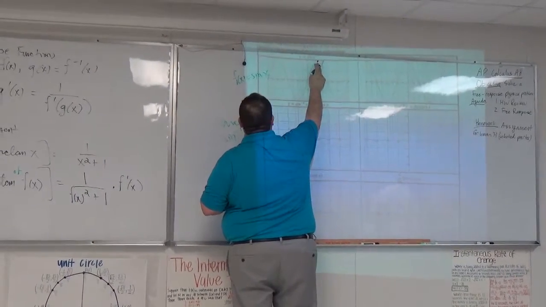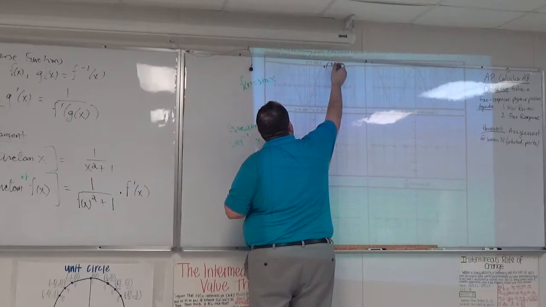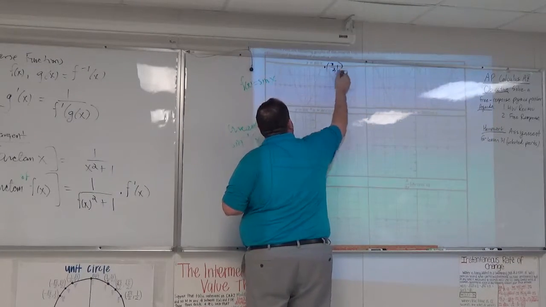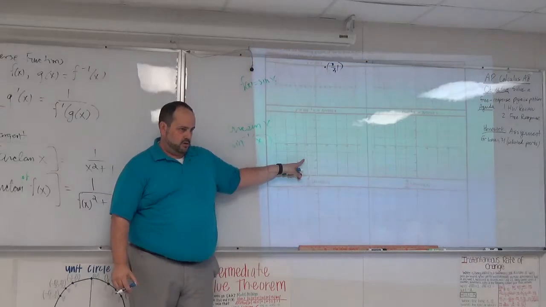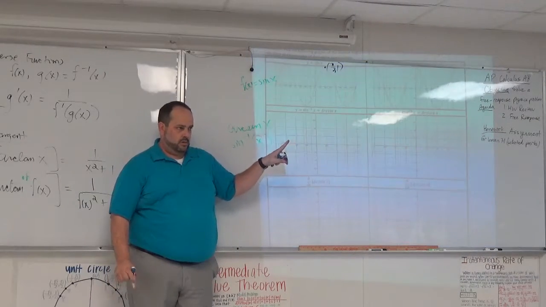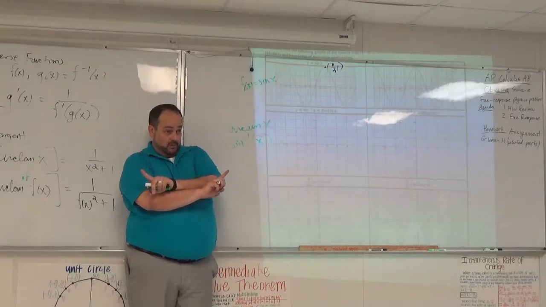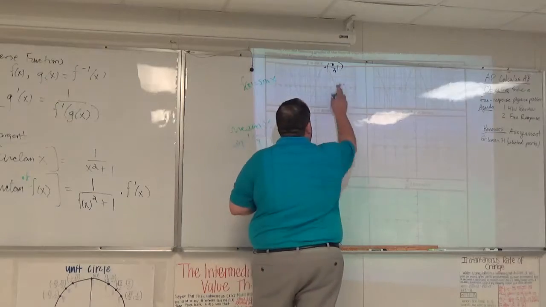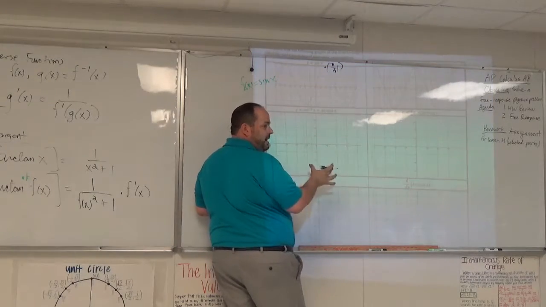What are the coordinates here? Careful, the coordinates. Pi over 2, 1. Where does this point go on the inverse function? The inverse function, you switch. So pi over 2 comma 1 should get mapped to 1 comma pi over 2.